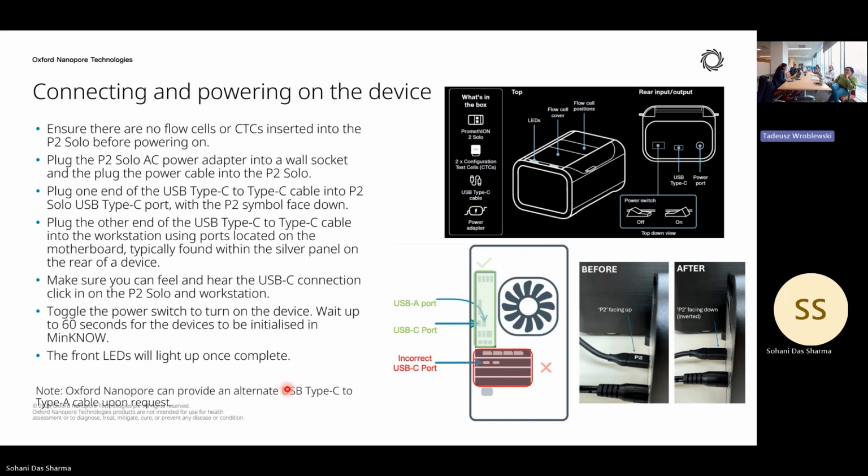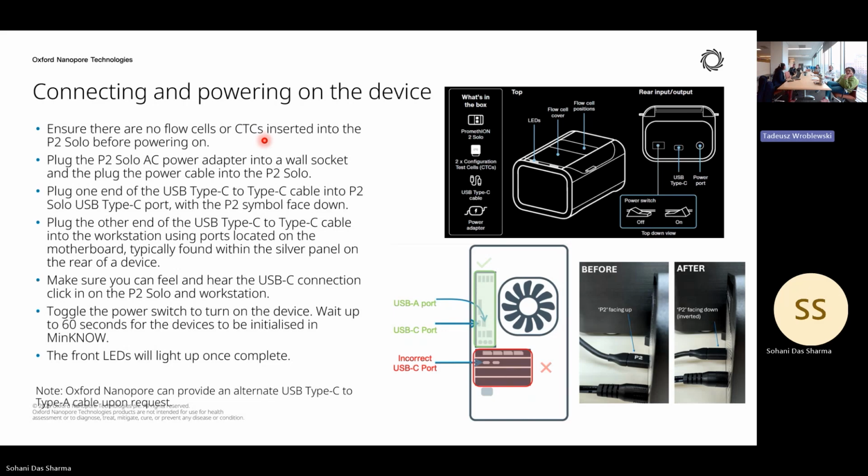So I think you already did this, but for the P2 Solo specifically, what are the major steps? I think Teddy or someone in your lab already did it. When the platform arrived, it also came with some flow cells called CTCs.